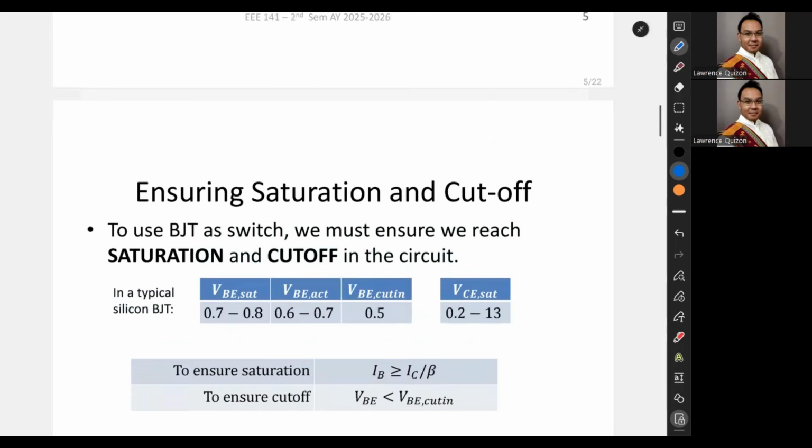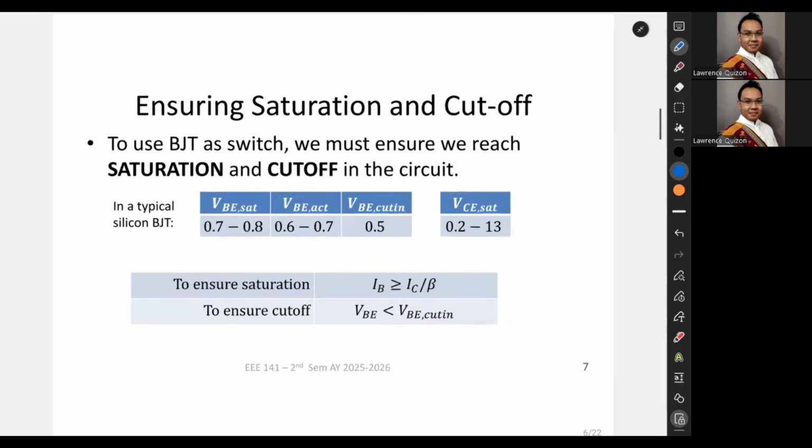So for us to be able to use the BJT as a switch, we need to ensure that we are in saturation or cutoff, which means that we need to enforce these conditions. So for example, we want the VBE to be at the saturation voltage, which is about 0.7 to 0.8 in a silicon BJT.